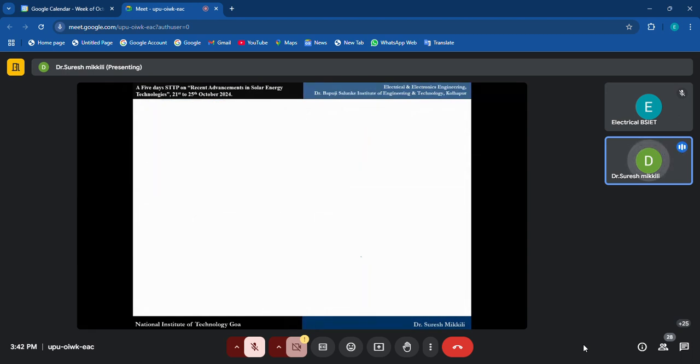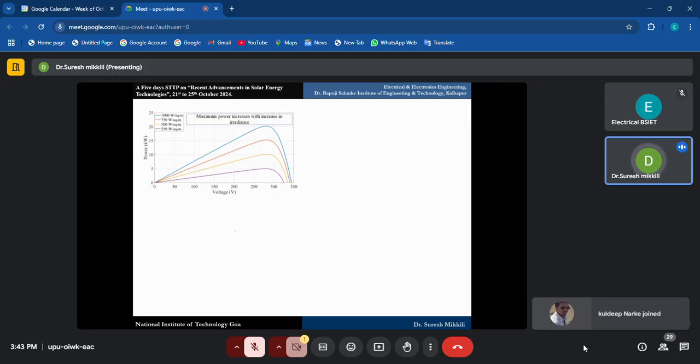Now, if the shading changes, how will the IV curve, current and voltage change, and how will the PV curves change? I want to show you. Suppose I have taken one PV cell, or one PV module, of 250 watt per meter square.